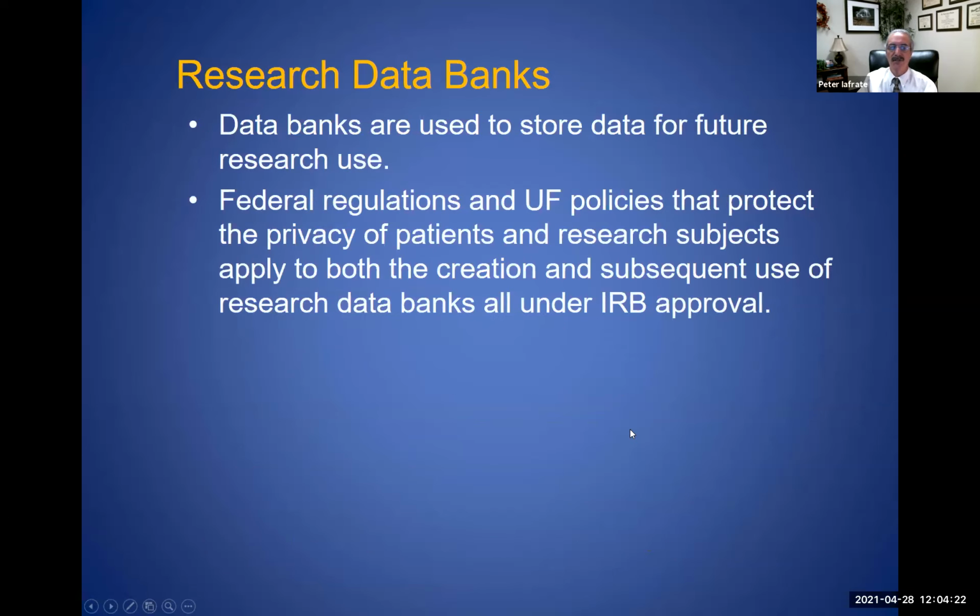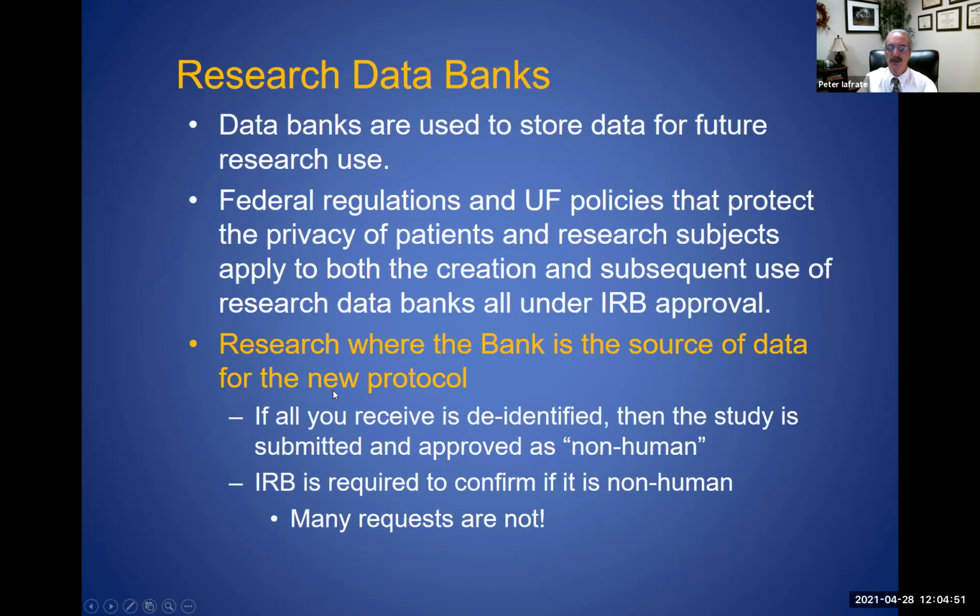Now, as you also know, we require you to submit for a tissue or data bank, or tissue and data bank, if you're going to use that tissue or data for future research. It's not just us; the federal regulations require a research bank to be set up.